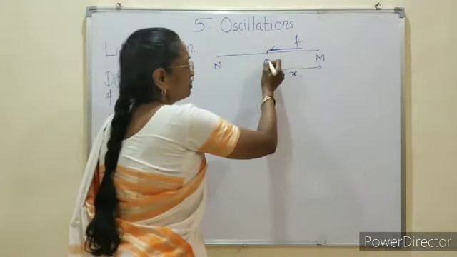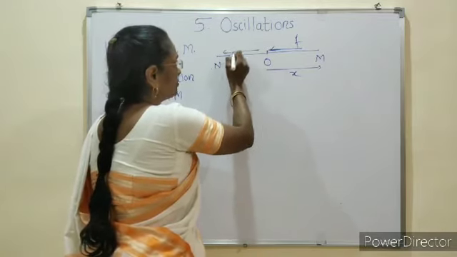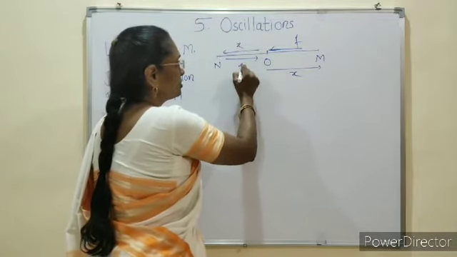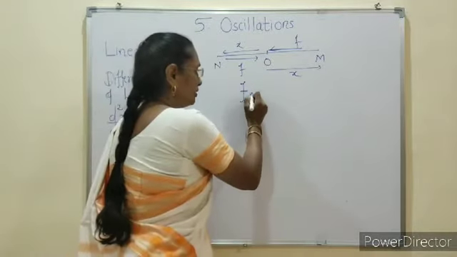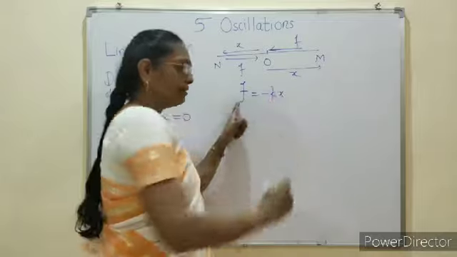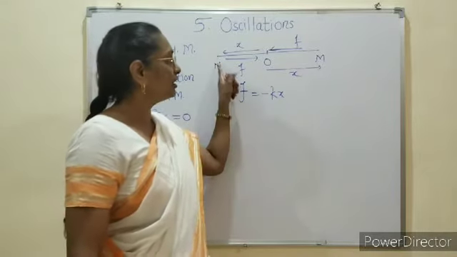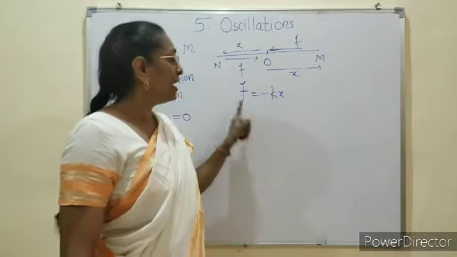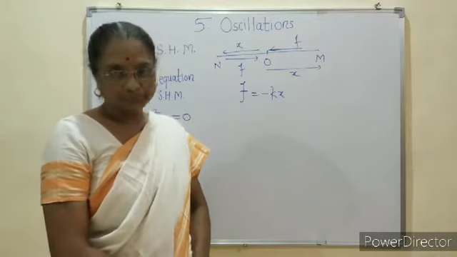When the particle returns to O, again it moves to N. Here displacement is x, but force is directed towards the mean position, and the equation of force is given by F is equal to minus kx, meaning restoring force is always towards the mean position and it is directly proportional to displacement from the mean position.